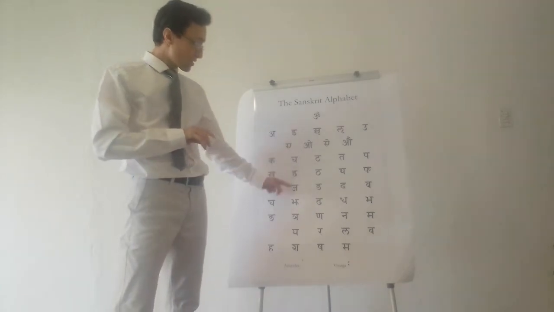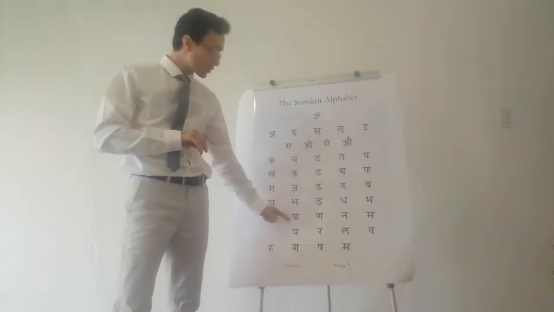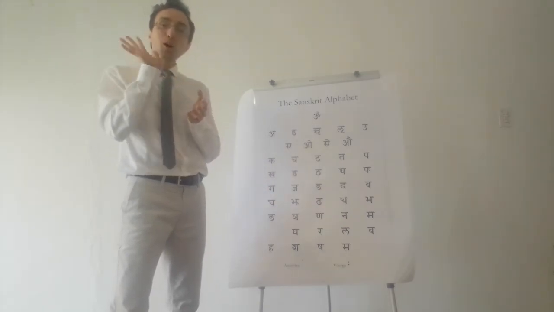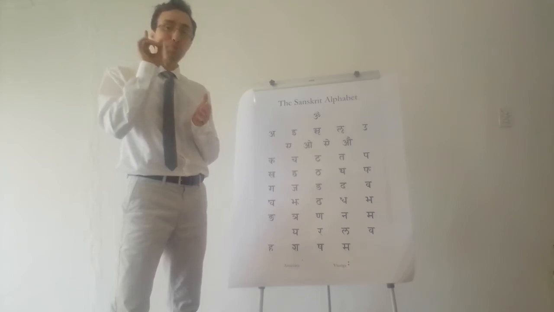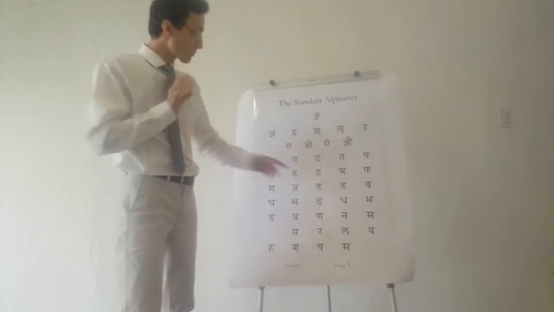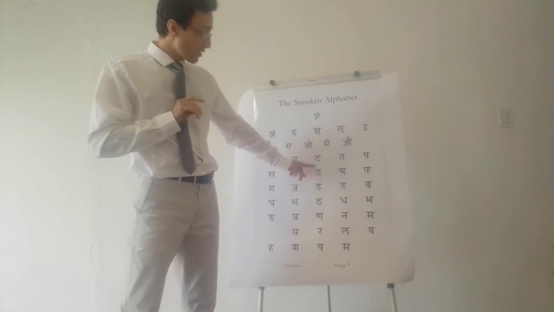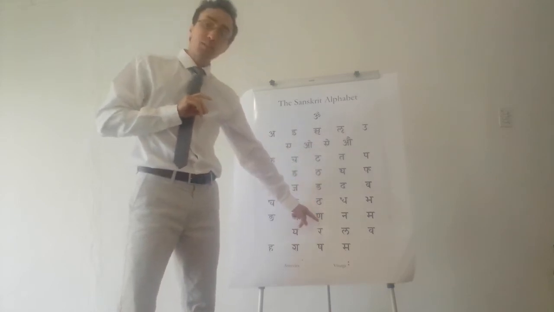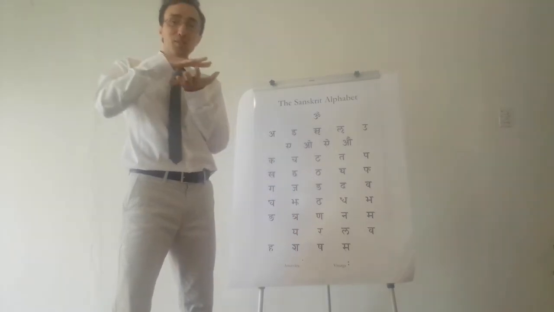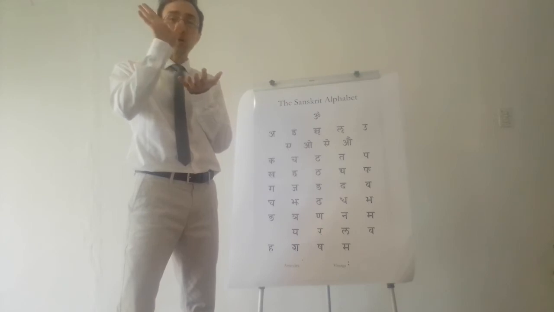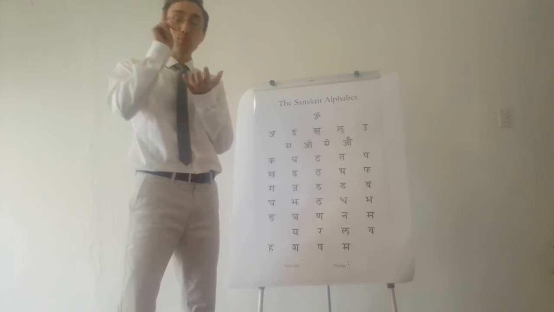When you want to pronounce any of the letters in the talu group, then from the kantaha position, the back part of the tongue is elevated to come into contact with the back portion of the upper palate, but the tip of the tongue remains where it is. When you want to pronounce the letters in the Murda group, then from the Kantaha position, the tip of the tongue is taken toward the back part of the upper palate and connects with that point.